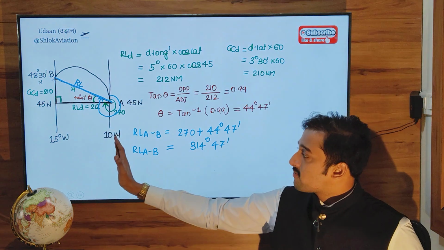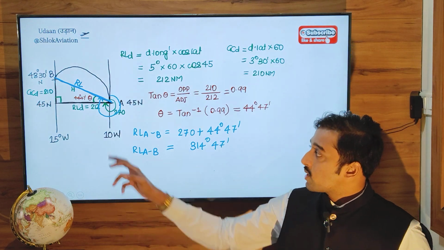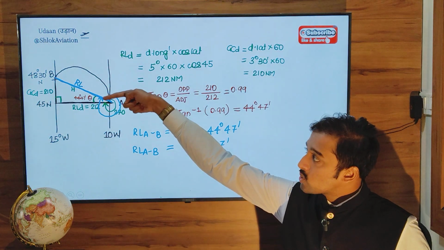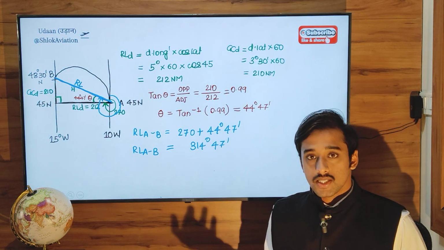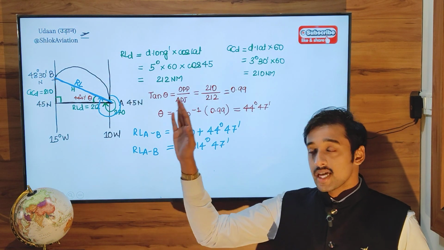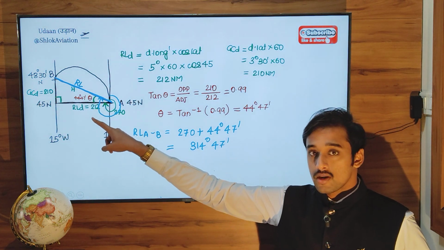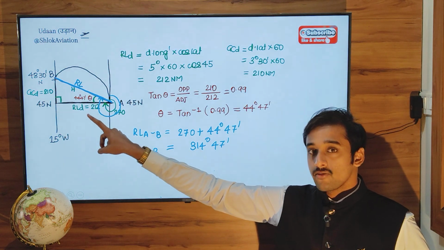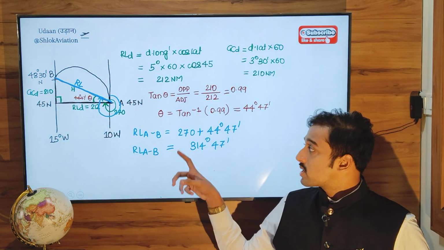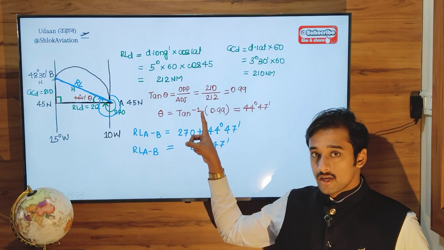Okay, we know that the difference between two longitudes will give us the Rhumb line distance. So we got this side of the triangle, 212 miles. The distance between two latitudes will give us the great circle distance. So we were able to find the measurement of that side of the triangle. Now we have two sides of the triangle known to us. With that information, we can find the angle, which is theta. We use the trigonometric function tan, because tan equals opposite upon adjacent.